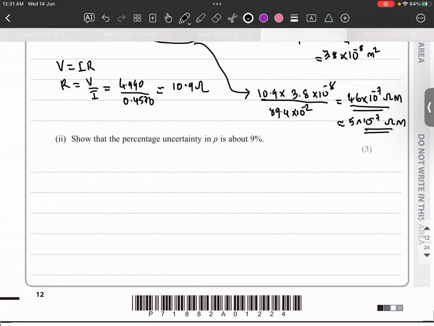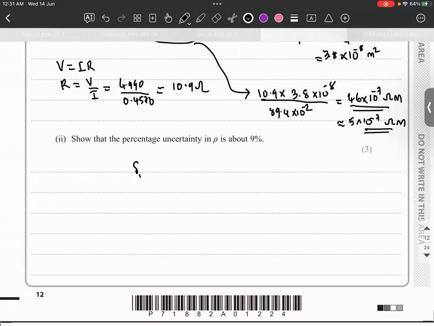If you want to find the percentage of uncertainty, you can find the maximum value of rho, and you can even find the minimum value of rho, and then you take the difference in that value, and then you divide by the original one into 100. You can easily figure out the value of percentage of uncertainty. Let's see that.